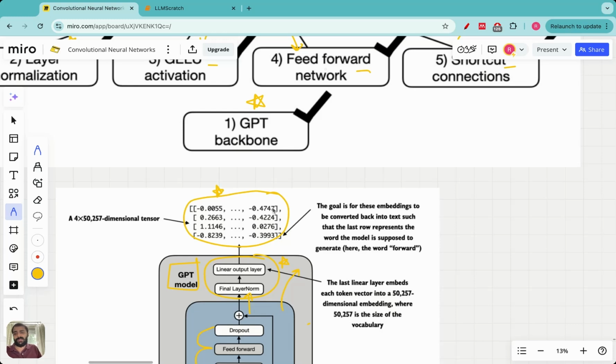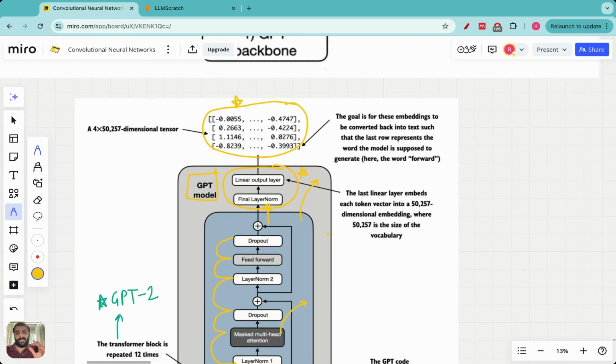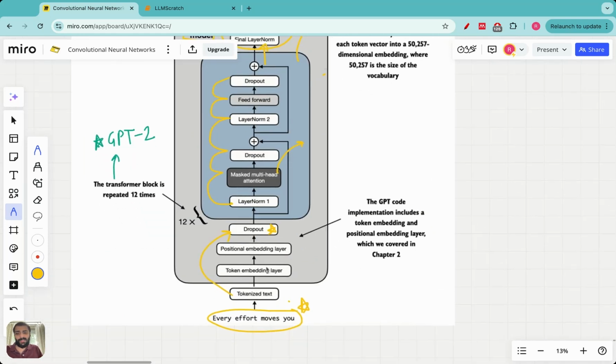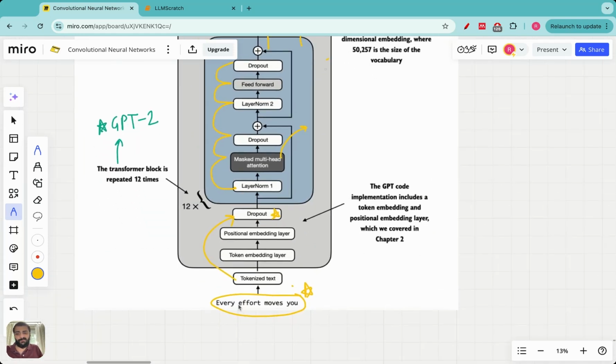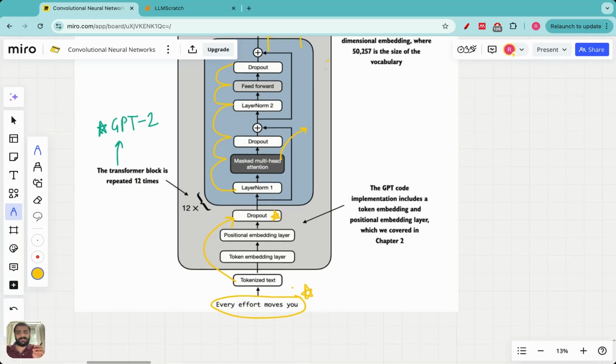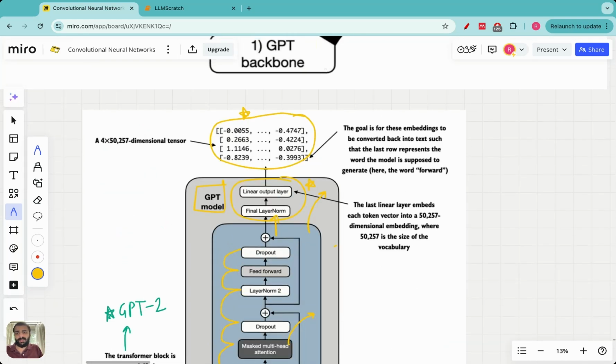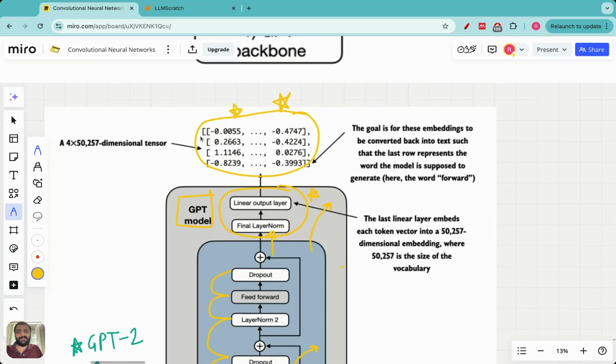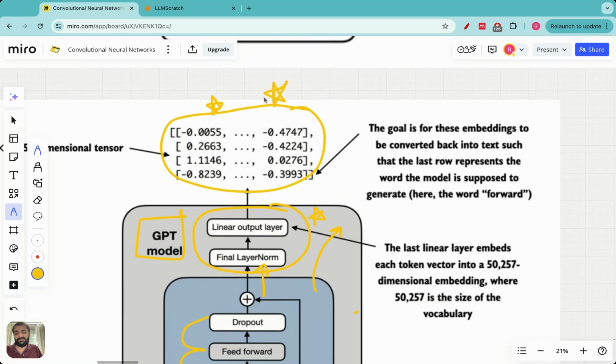In the next lecture, we are going to see how to decode this output to predict the next word. The main goal of the GPT model is to take an input text such as "every effort moves you" and to predict the next word. So we are training the model for the next word prediction task. Today I am going to take you to the stage where we get this final output, and in the next lecture we are going to see how to get the next word from this final tensor.